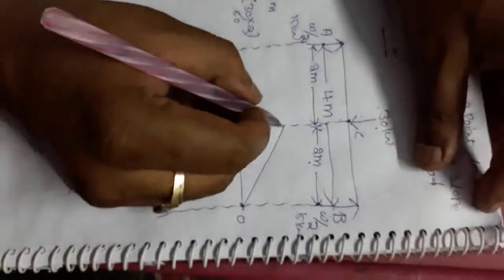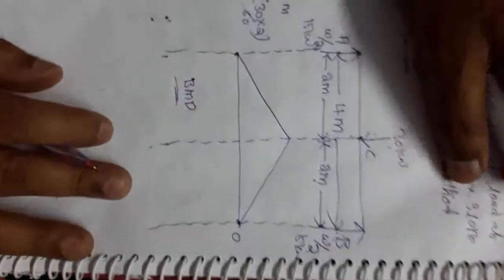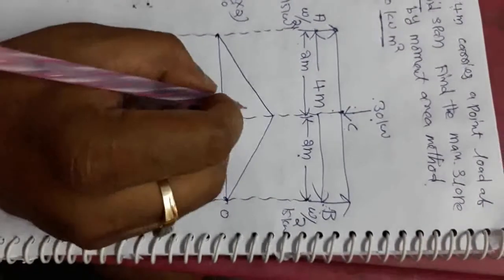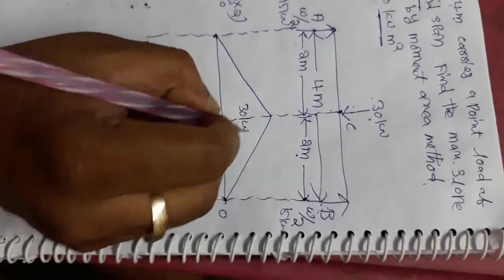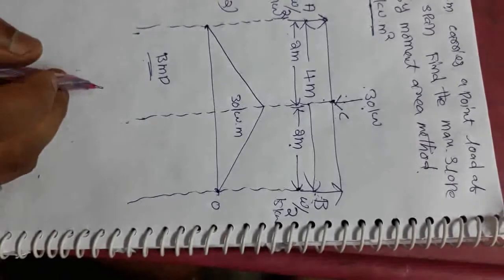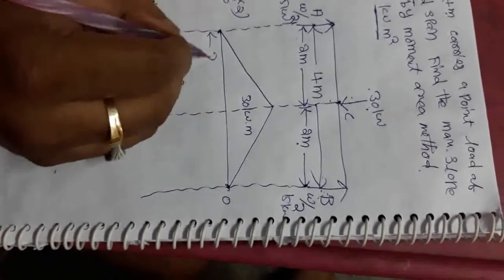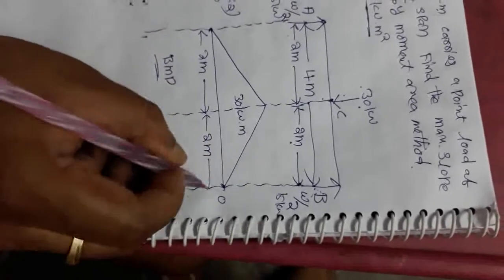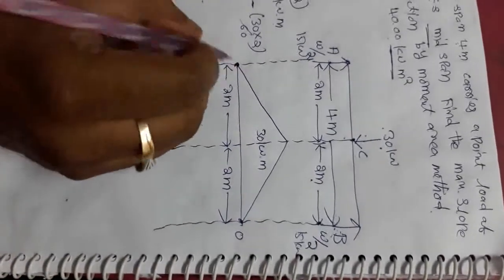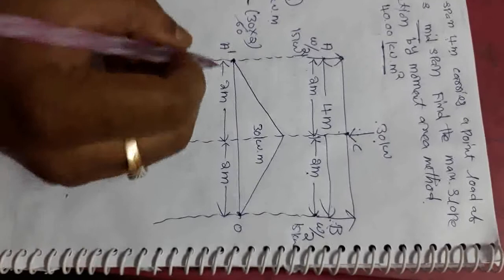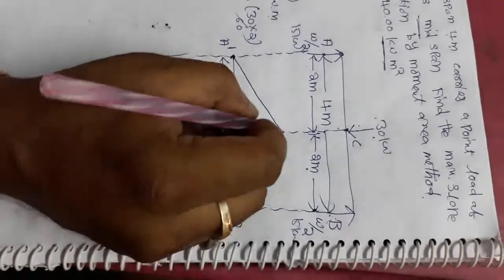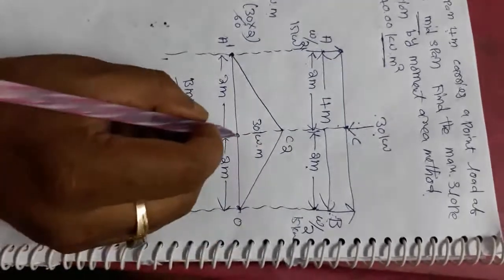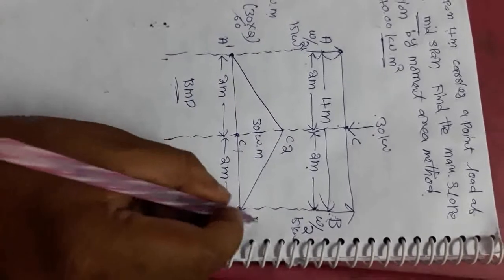MA equals 0. The span length is 2 meters here and 2 meters here. Assume these ends as A1, C2, C1 and B1.